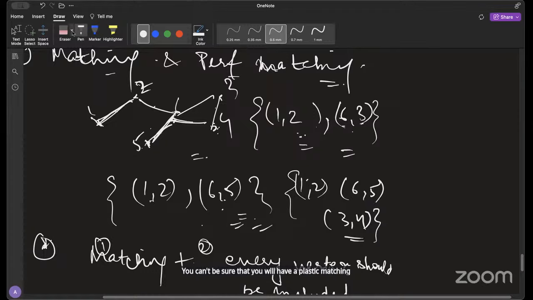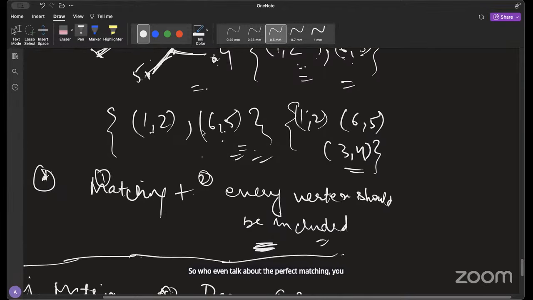For example, in this one, when you had this initially, you have an even number of vertices but still no perfect matching. An even number of vertices does not guarantee a perfect matching, but if you have a perfect matching, then there has to be an even number of vertices.